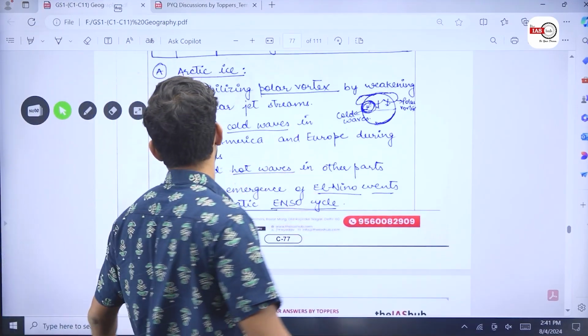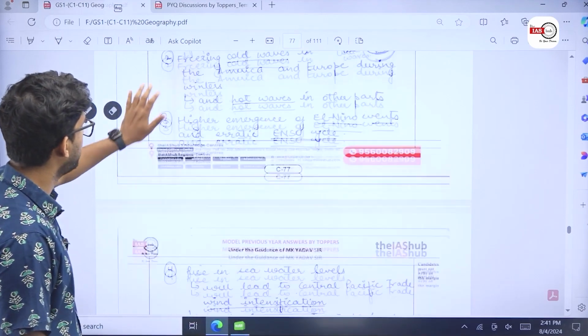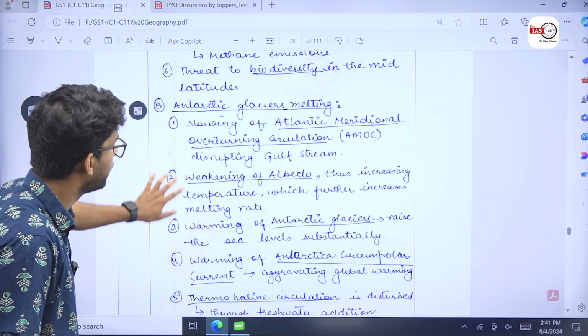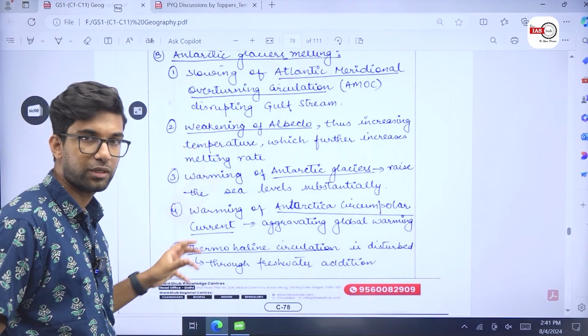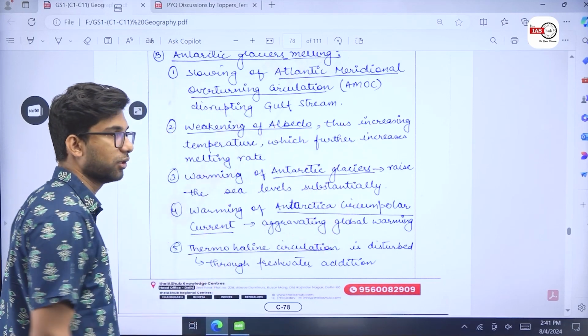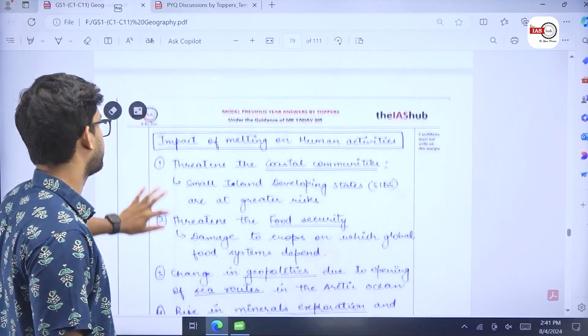Since we had the opportunity to draw a diagram, we drew the polar vortex diagram. The second, B part, is about the Antarctic glacier melting. There too we added whatever specificities we could, about the AMOC, the Atlantic Meridional Overturning Circulation.